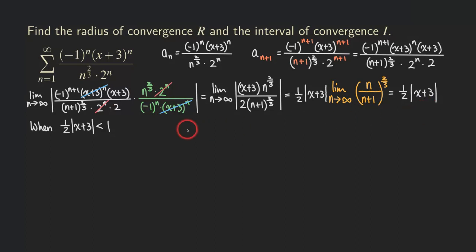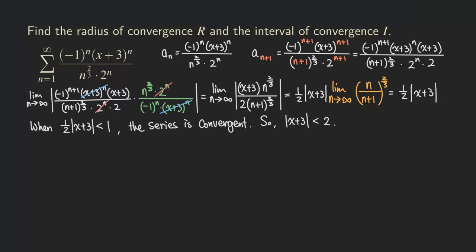When this limit is less than 1, we know that the series is convergent. And so we have x plus 3 is less than 2.